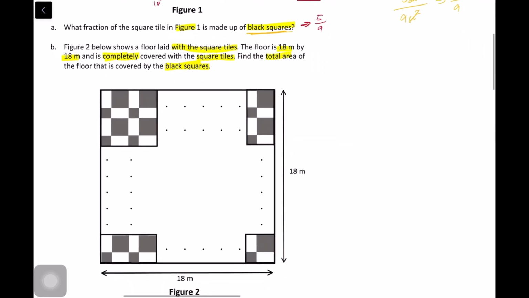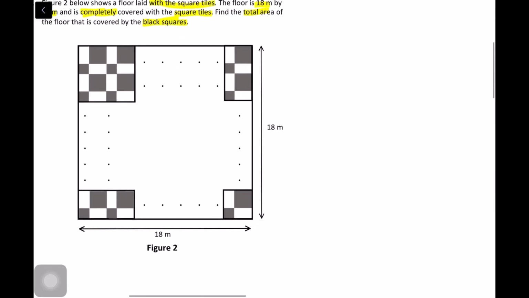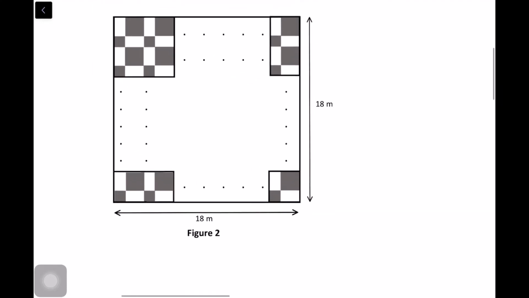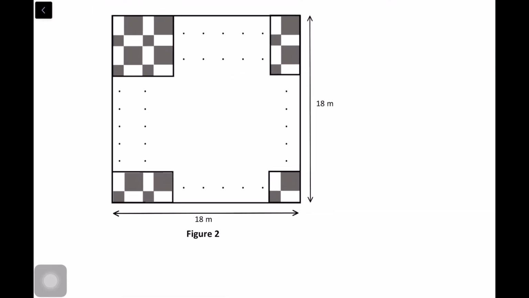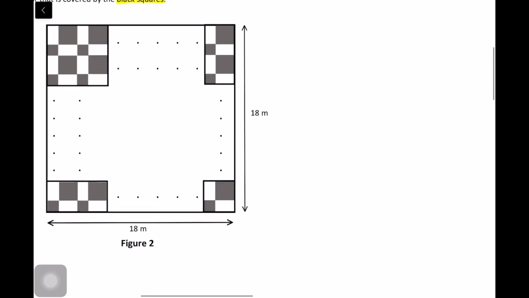Okay, so this is not much of a problem. All we have to do is to find the total area of this floor, and since the length and the breadth of the floor have the same measurements, the floor is basically in a square shape.